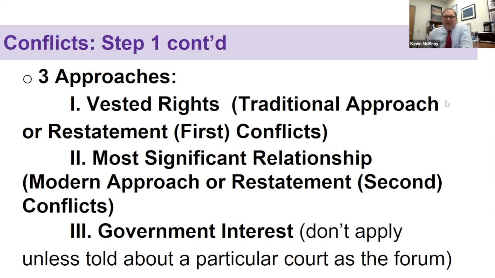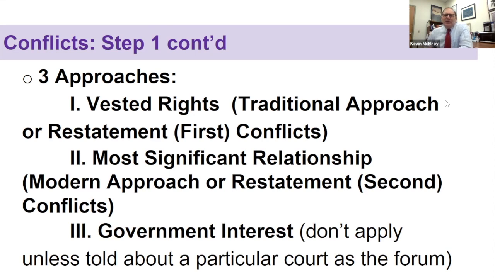So generally, on the bar exam, you're more likely to see the most significant relationships, or the modern approach, which was embodied in the Restatement Second of Conflicts, late 60s, early 70s, because 40 states use that or some sort of system that is much more resembling the Second Restatement than the First, okay?